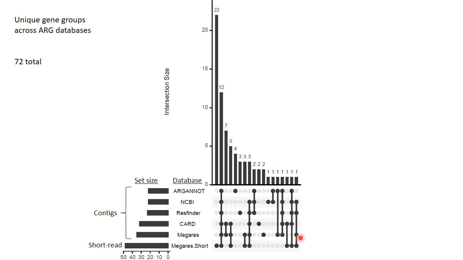Why make this comparison? Well, MegaRes is updated less frequently than its source databases. We see that the short read results still contain far more gene groups than the contig results, and that in total there are 72 unique gene groups found in the samples, 13 greater than when only considering MegaRes results.